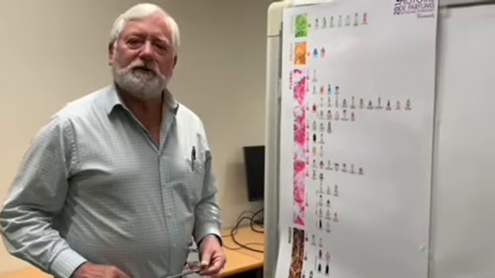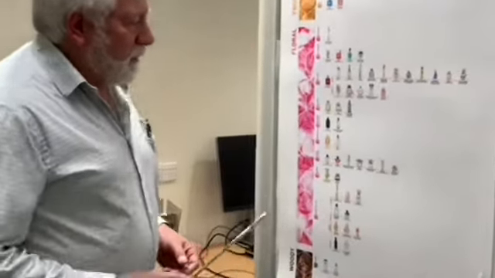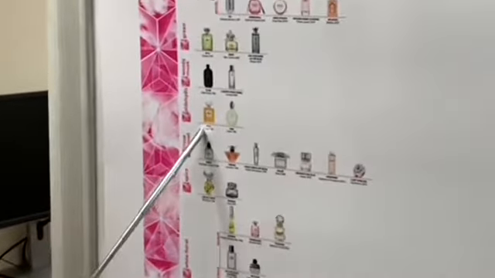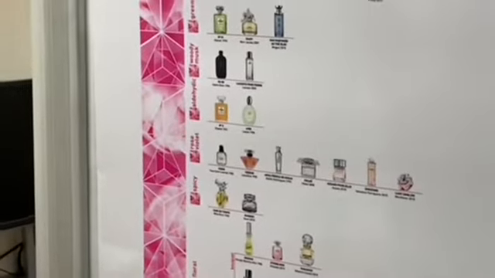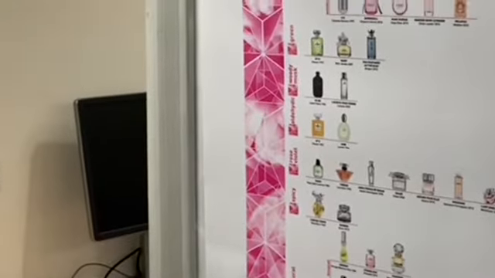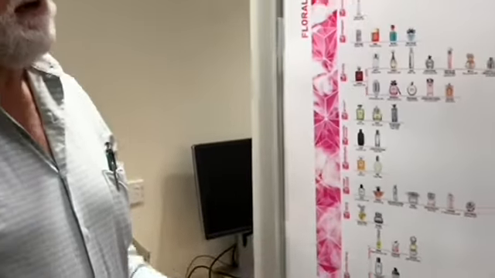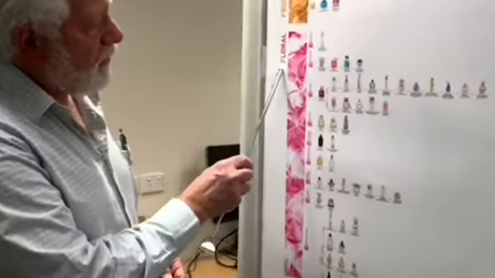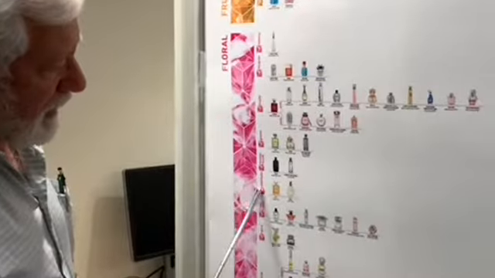So let's see who some of the clients are that Firmenich have worked with. Well, here's one that everyone will know. This one is Chanel No. 5. This was created by Firmenich in 1921. The company's been around for over 100 years. Chanel No. 5 is classified as a floral perfume, but also aldehydic.